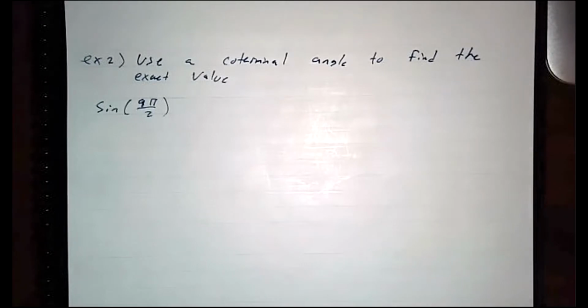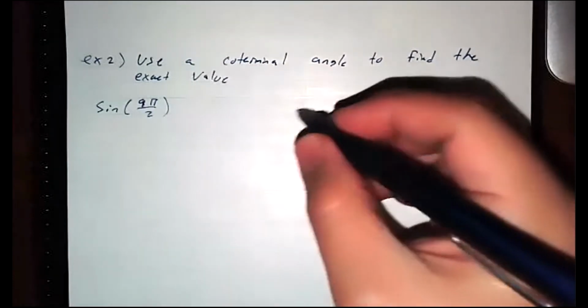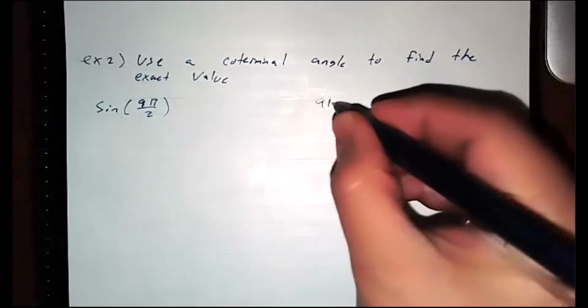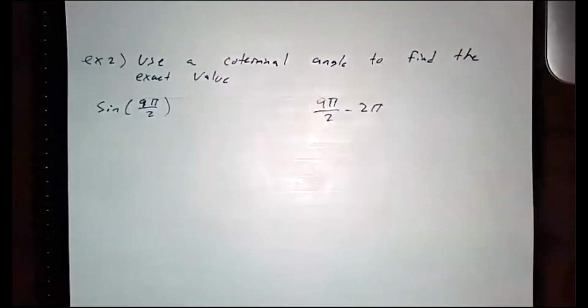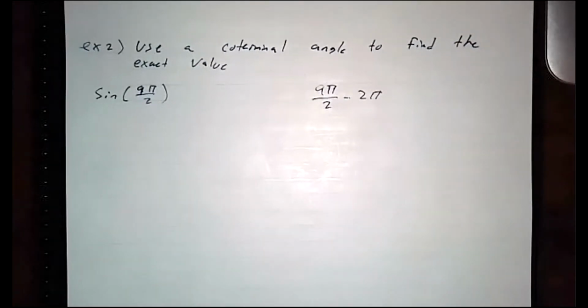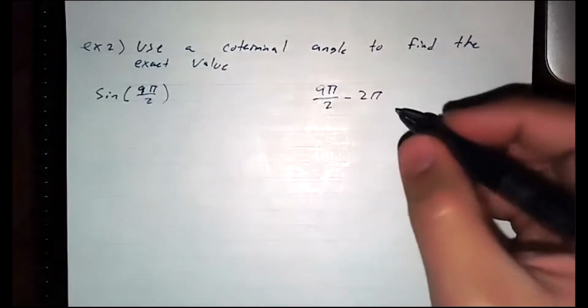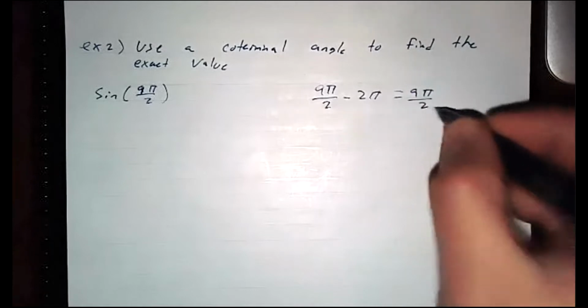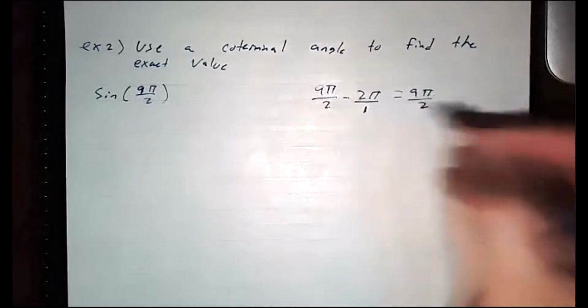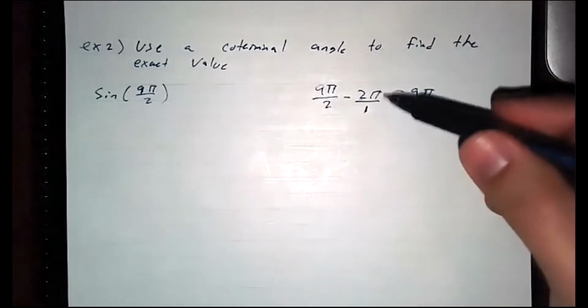Just for the practice, I'm going to leave it in radians. So what you would do, 9 pi over 2 subtract 360, in other words, 2 pi. How do you subtract these fractions? A common denominator is required. So 2 pi is technically over 1, and you would multiply the top and bottom by 2.